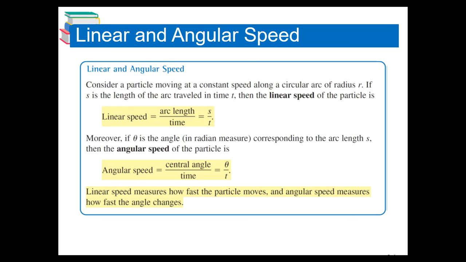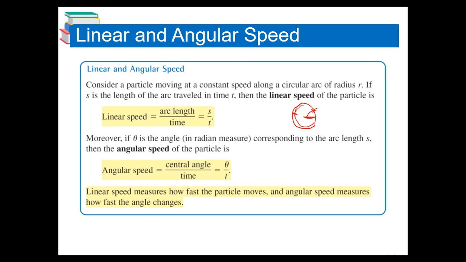All right, well, to find angular speed or linear speed, when we're talking about a circle, and say this is moving around the circle, what's the speed? We simply take how far the arc length was, and we divide it by the time, and that will tell us the linear speed. Angular speed is going to be the speed that the angle is growing or moving.